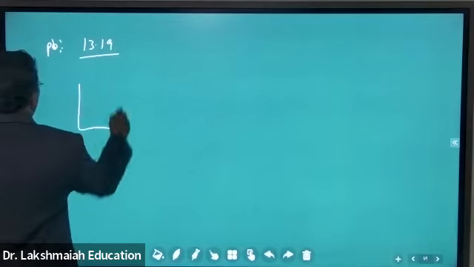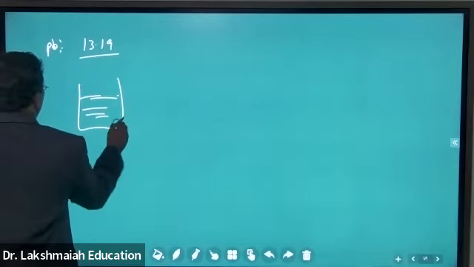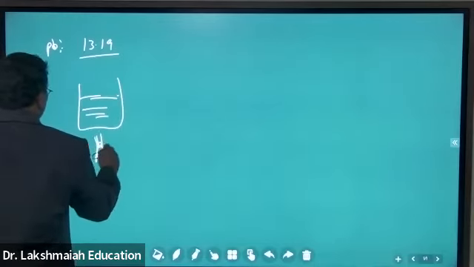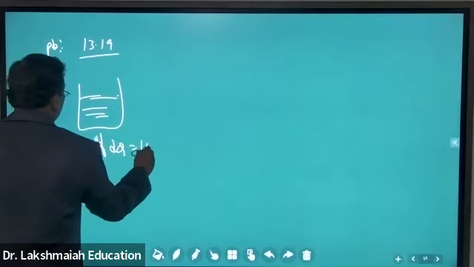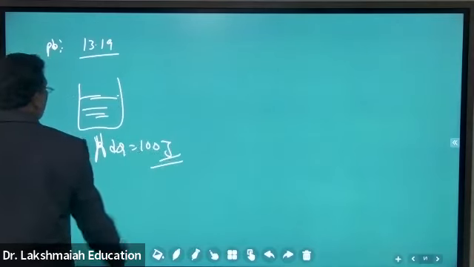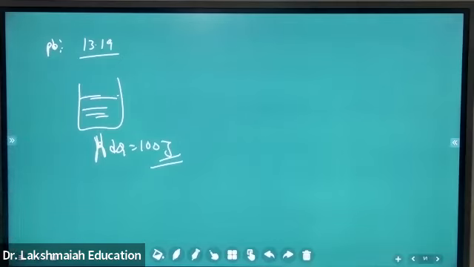Okay, sir. See there, a gas undergoes, means they have given the gas here, and heat is given: dQ is equal to 100 joules, supplied to it, and it does 20 joules of work.